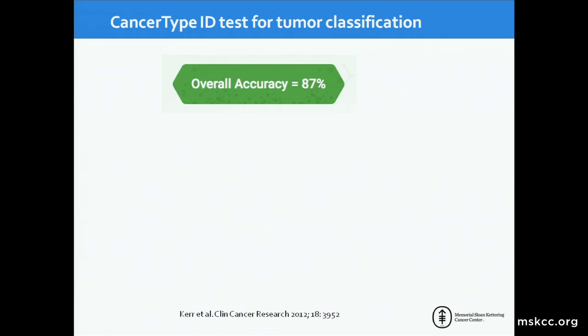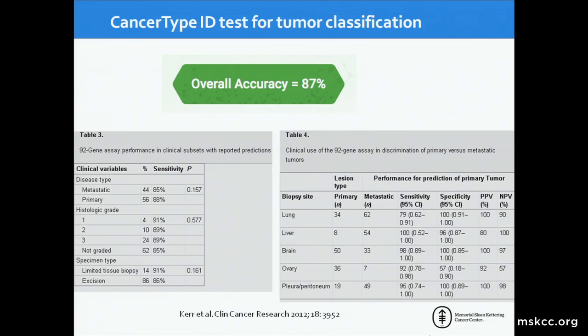Now, the company website lists an overall accuracy of the test of 87%, and this comes from this publication here. When they did this study, they looked to see if there was any variability in sensitivity and specificity among different specimens that they had.